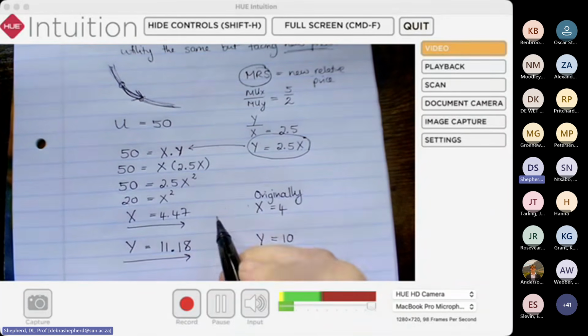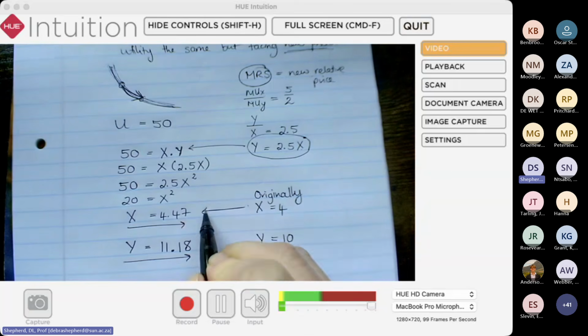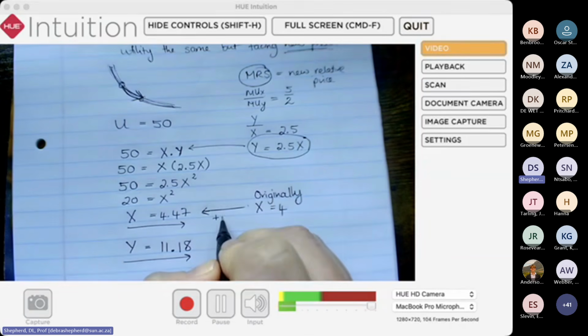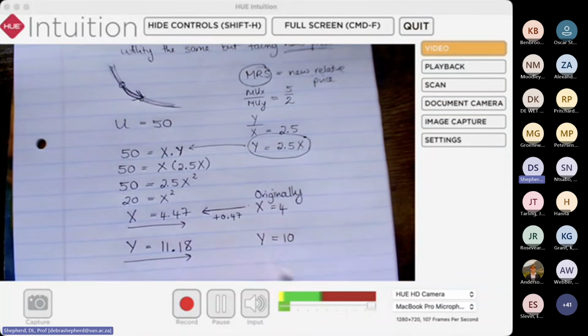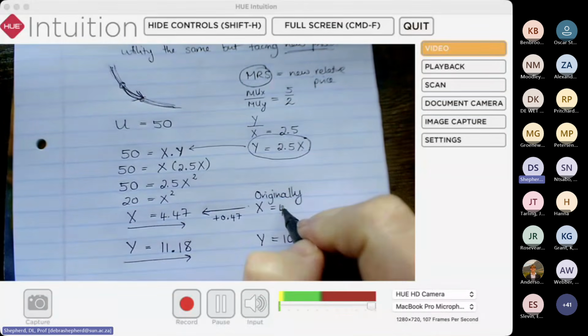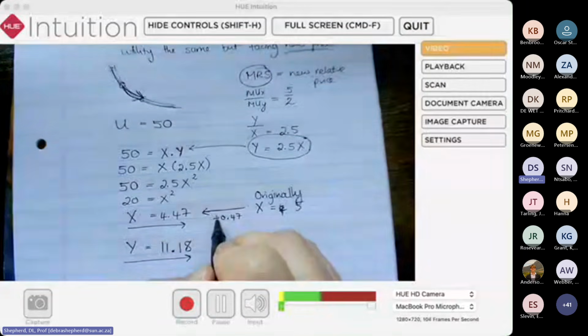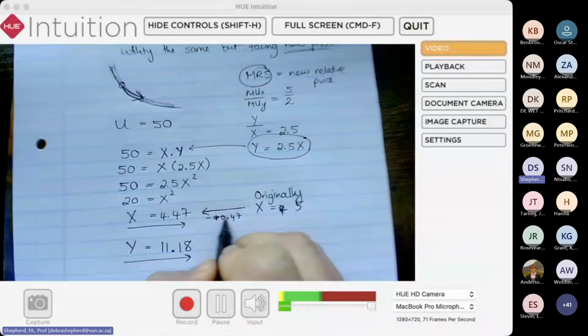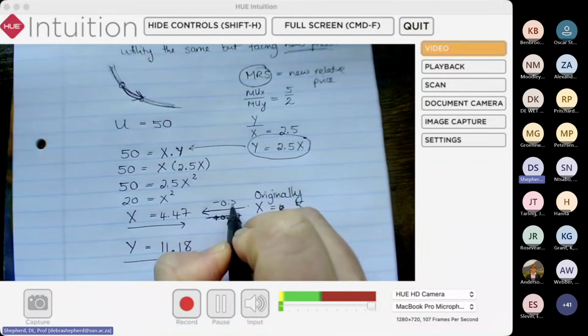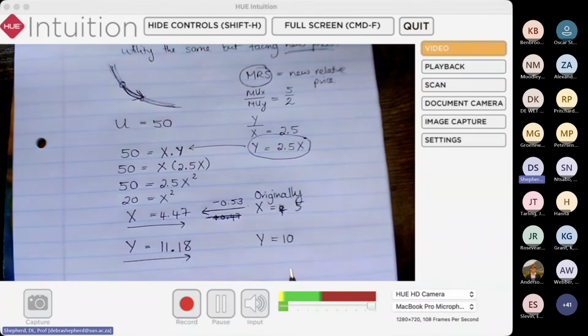And so the substitution effect on x is, sorry, it was 5. I was going to say that didn't make sense. So the substitution effect is from 5 to 4.47, so it's minus 0.53. And the substitution effect on y is plus 1.18.